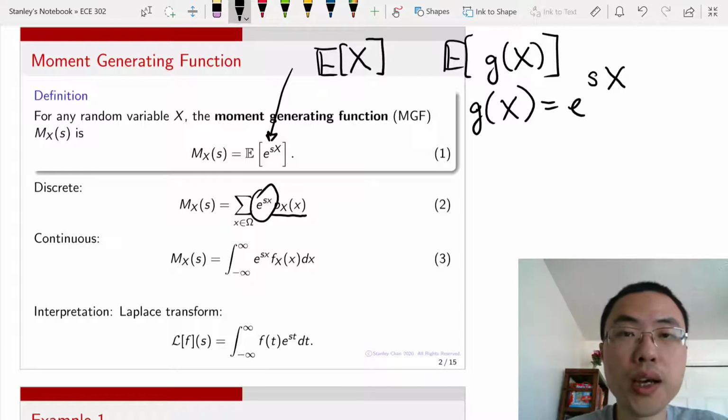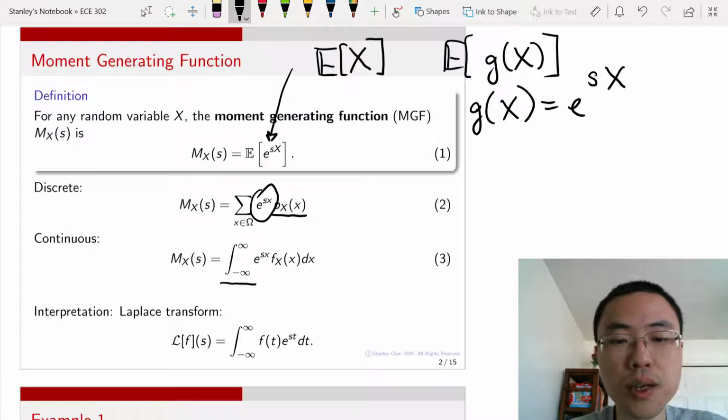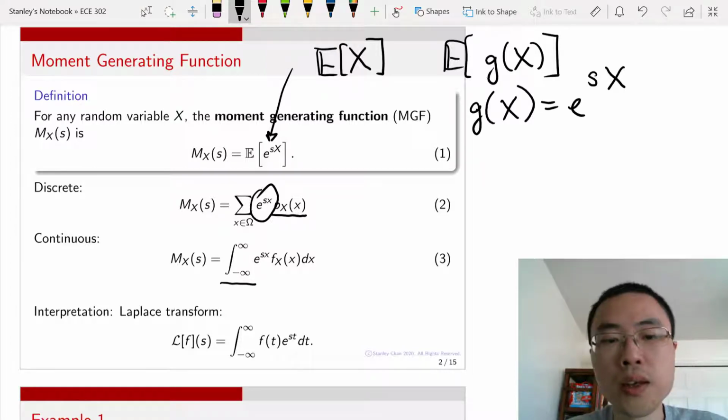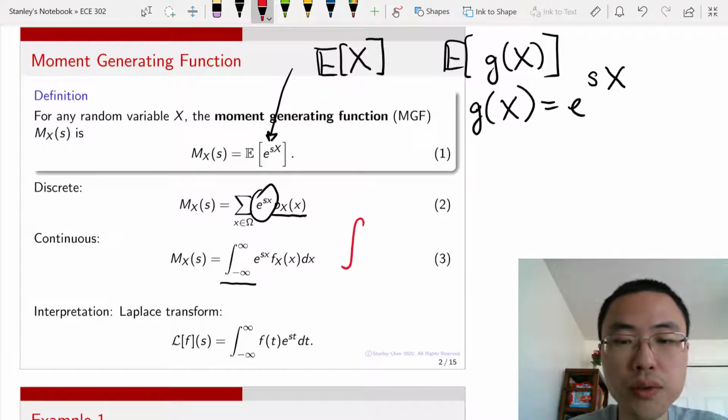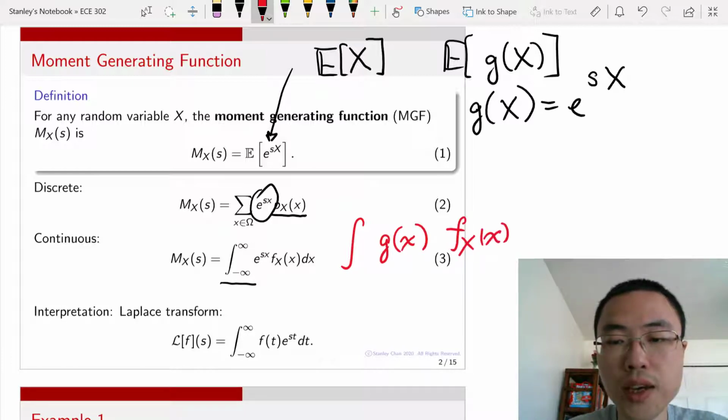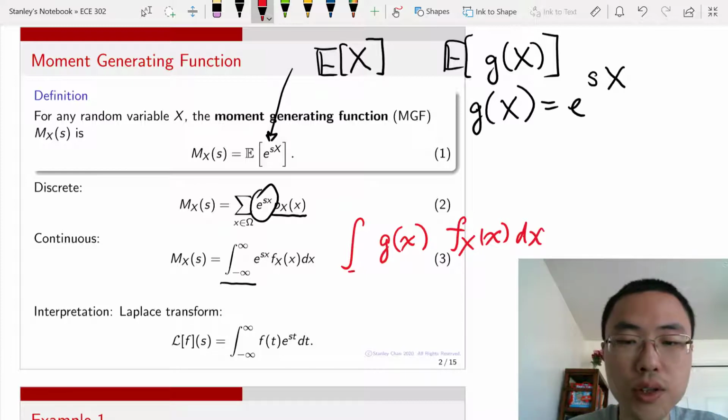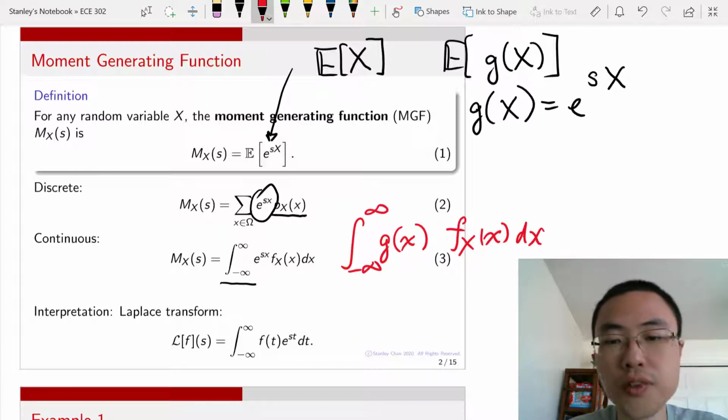If the random variable X is continuous, you replace the summation by integration, and you have this equation. This equation shouldn't be a stranger to you anymore, because this is really just the integration of a function g of x times whatever PDF you have, which is f of x, dx. You integrate from minus infinity to plus infinity.